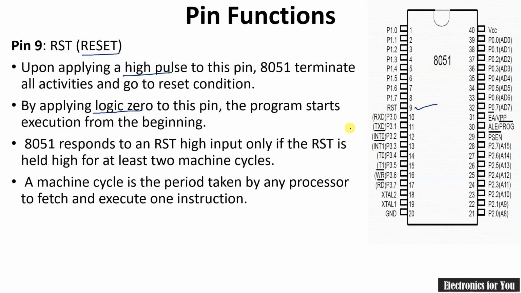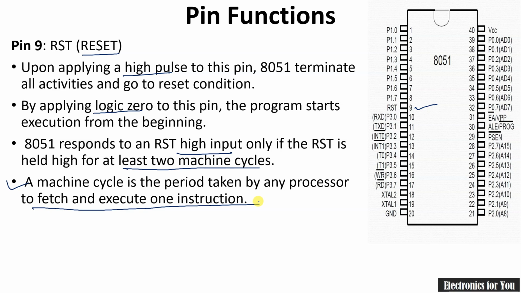For reset, we should apply a high input for at least 2 machine cycles. A machine cycle is the period taken by any processor to fetch or execute one instruction.